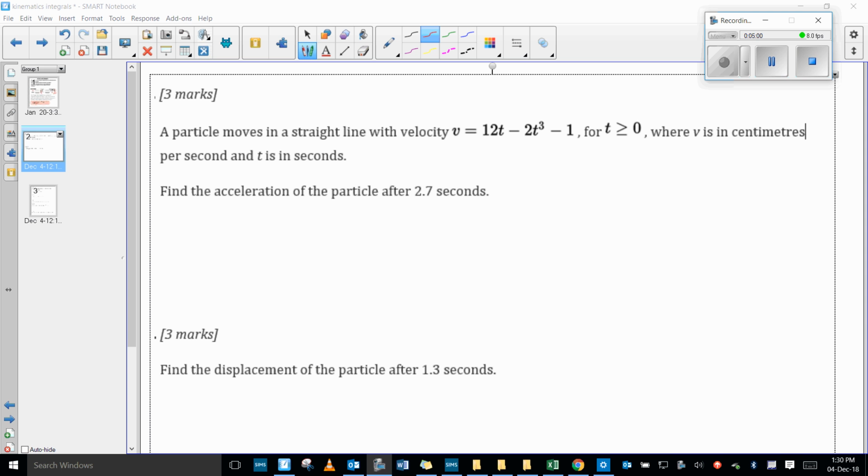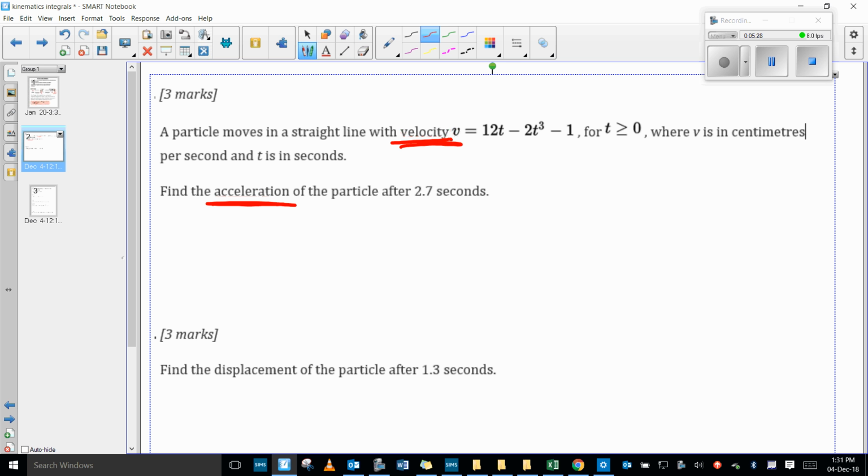So, what does anyone suggest we might do? Yeah? Not yet. Why not yet? What does this tell us? And what this asks us about? You did, Jennifer. So, in order to go from velocity to acceleration, we differentiate it.